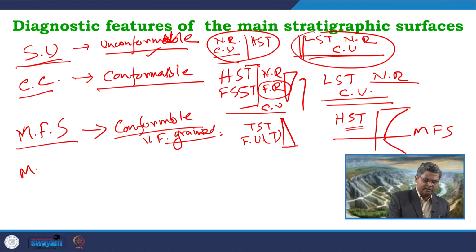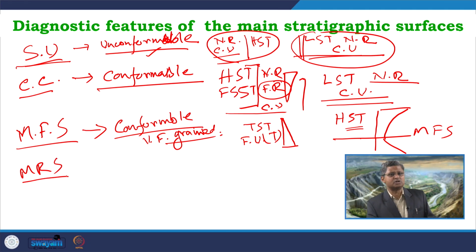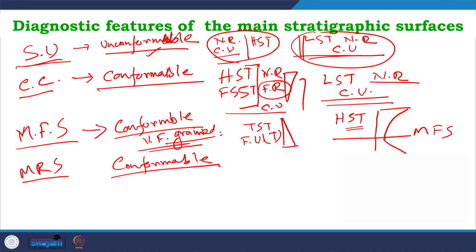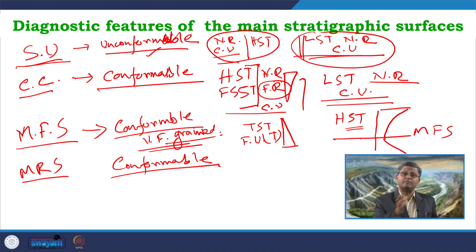Similarly, if I look at the MRS, maximum regressive surface, just the reverse of this. Again this is a conformable surface, deposition is going on continuously over here. However, the phases type may vary, because from area to area we can get different types of phases, different types of depositional systems. And across this surface, below the maximum regressive surface, what we get?